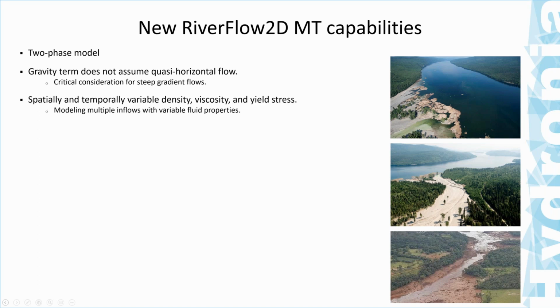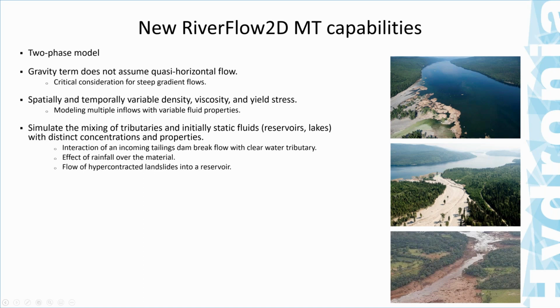The model considers spatially and temporally variable density, viscosity, and yield stress. You can have multiple inflows with variable fluid properties. You can have water coming from a tributary. You can have tailings coming from a different tributary, and they can all mix, as I will show you in today's application. You can simulate the mixing of these tributaries with initially static fluids.